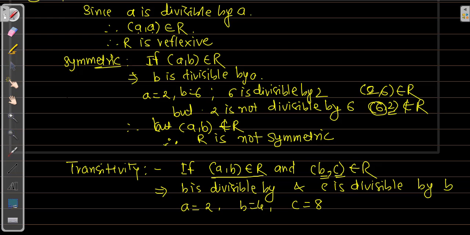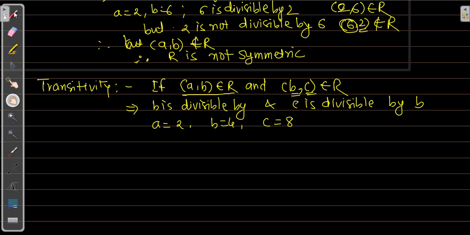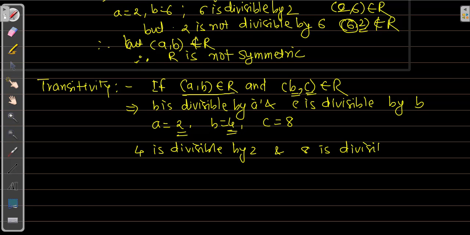Now, what does our relation R say? If the ordered pair (A, B) belongs to R, that means B, which is 4, is divisible by A, which is 2. 4 is divisible by 2, and C is divisible by B means 8 is divisible by 4, of course.